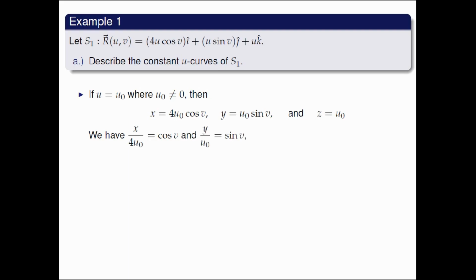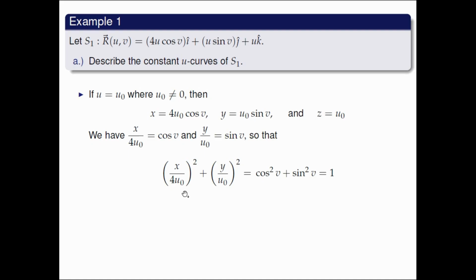Express natin in terms of v yung x over 4u naught squared plus y over u naught squared. So that this expression is equal to square lang ito plus square nito. So this is equal to cosine squared v plus sine squared v, which is equal to 1.